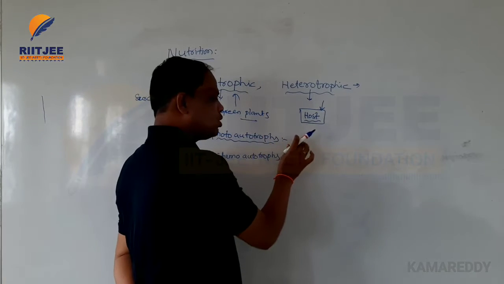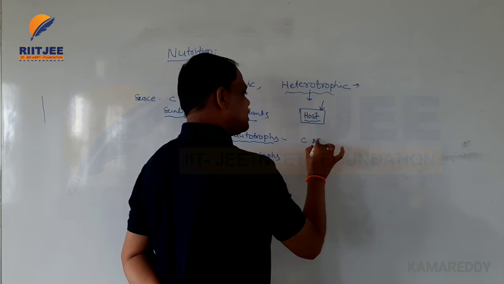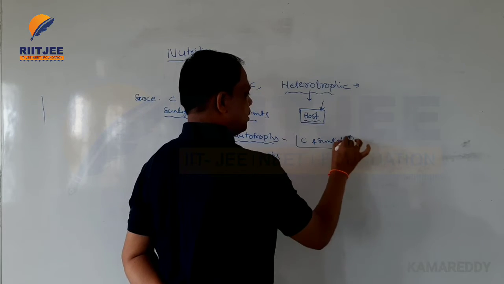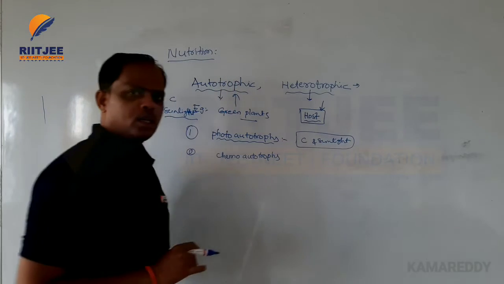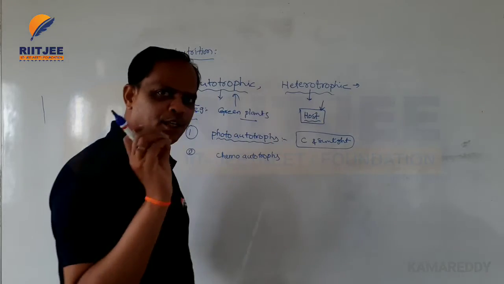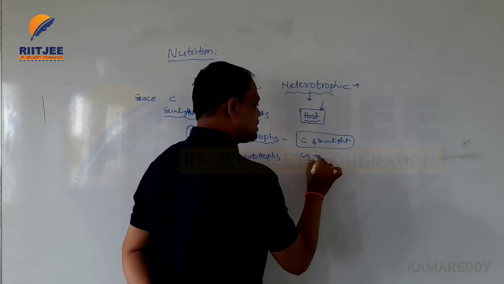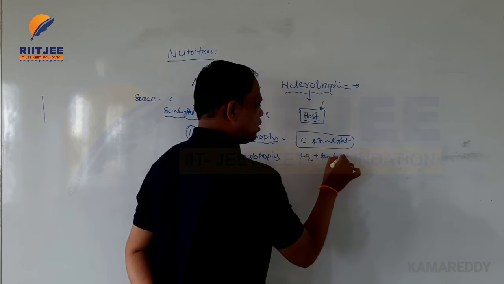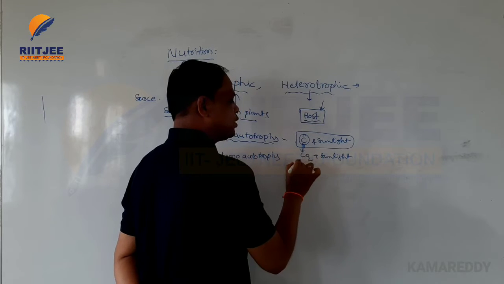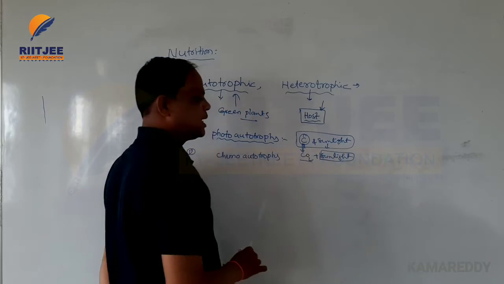The photoautotrophic organisms are dependent on carbon and sunlight. This is a very important point. The photoautotrophs are dependent on environmental CO2 and sunlight. For the carbon source, they directly depend on CO2 and on light, sunlight.